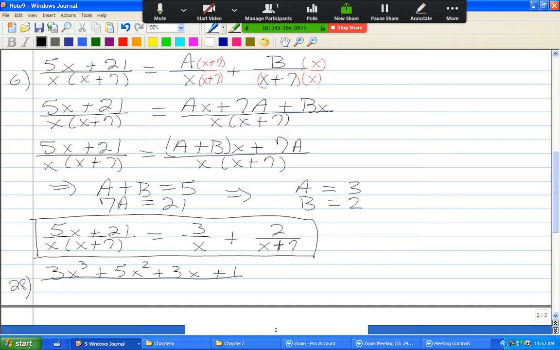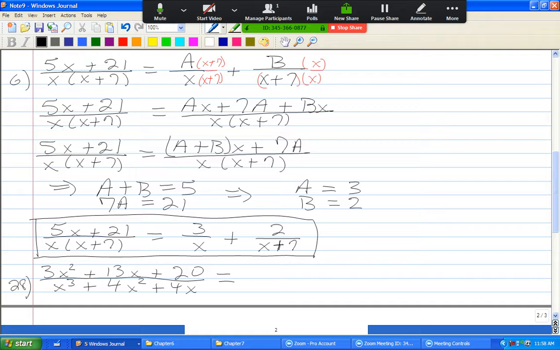I'm looking at two different problems. Okay, sorry. 28, 3x squared plus 13x plus 20 over x cubed plus 4x squared plus 4x. So I really only care about my denominator.